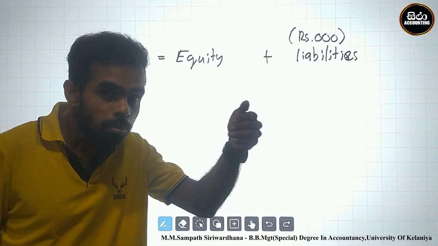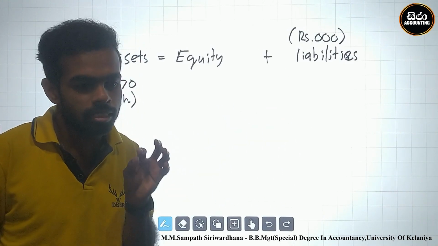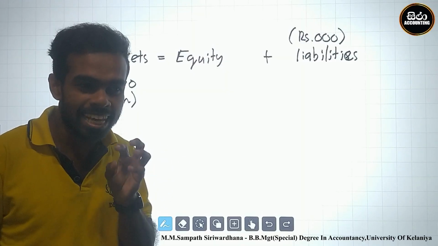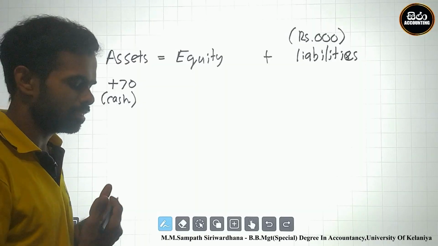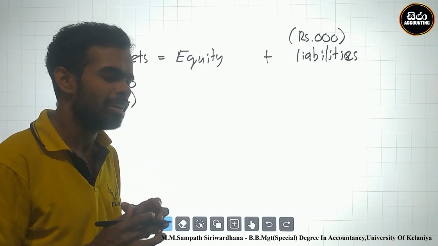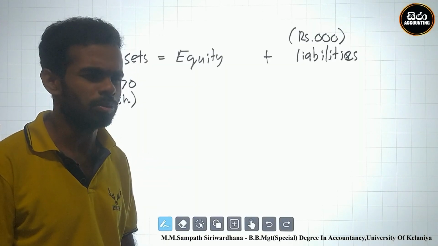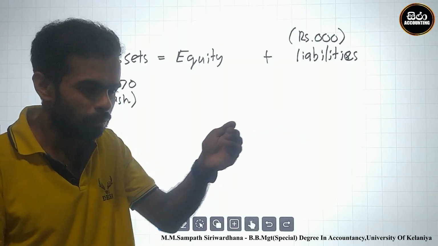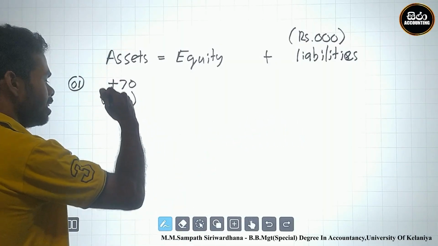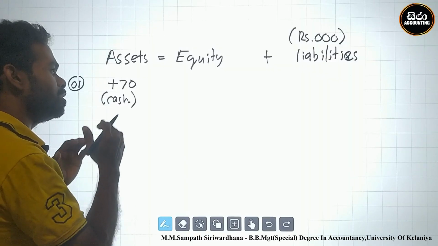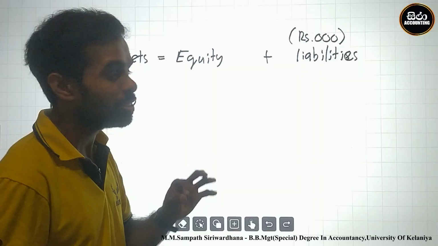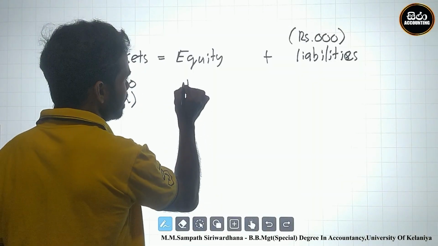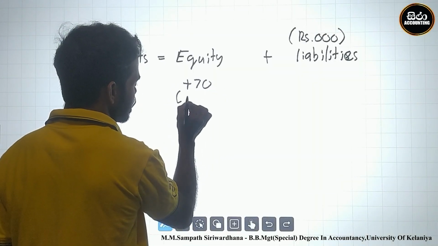The owner invests in the business, so business assets are increased. Is there any outflow of a tangible thing from the business? No, there is no outflow, only inflow to the business. There is an increase of asset, so we must increase this side. What did the owner invest? Therefore, we increase 70 as capital.